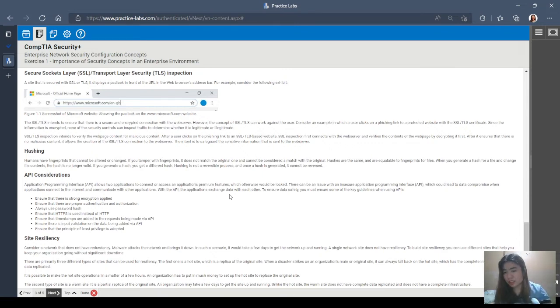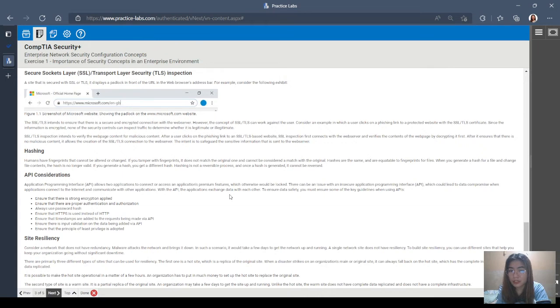Since the information is encrypted, none of the security controls can inspect traffic to determine whether it is legitimate or illegitimate. SSL inspection intends to verify the web page content for malicious content after the user clicks on a phishing link to an SSL or TLS web-based website.